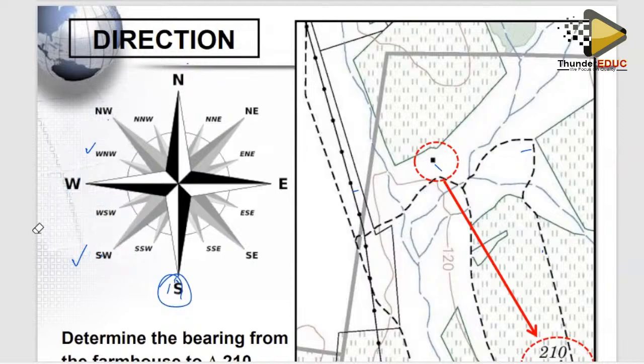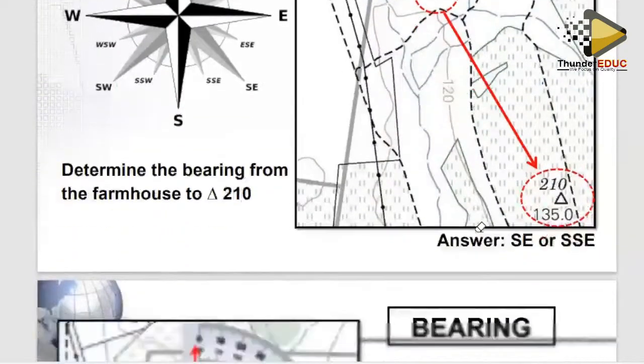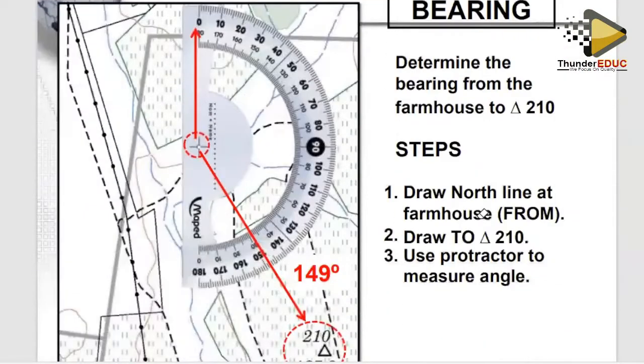If you are to determine bearing, we are saying it's direction, but now for our direction we are using angles. We are no longer using directions in terms of compass points, but our reference now is we are measuring an angle to determine the direction.